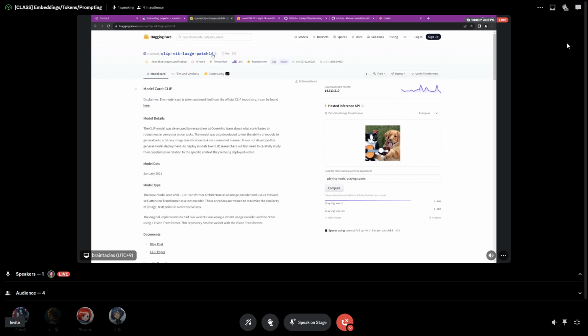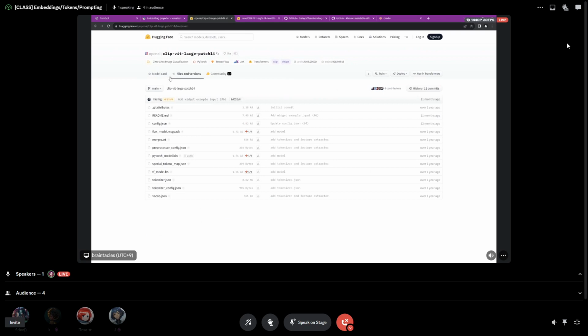I just call it the standard clip. This is your clip L, and that one is both on Stable Diffusion XL, and it's the main clip, the only clip in Stable Diffusion 1.5. But the thing is, they share a lot in common, even though their dimensions are different.